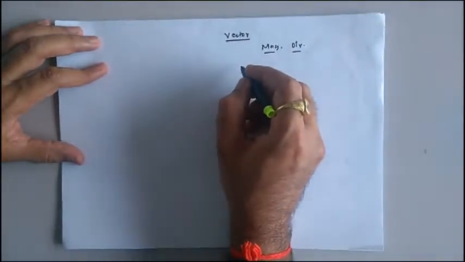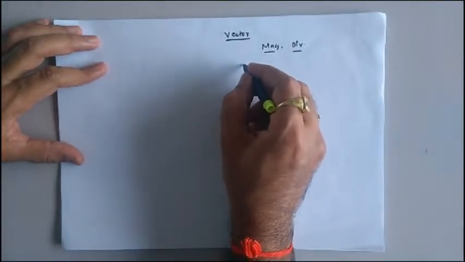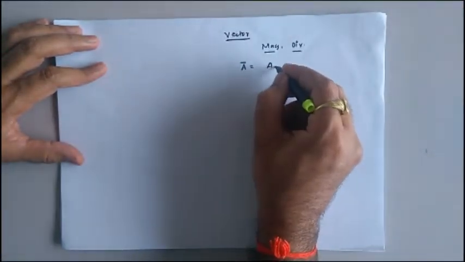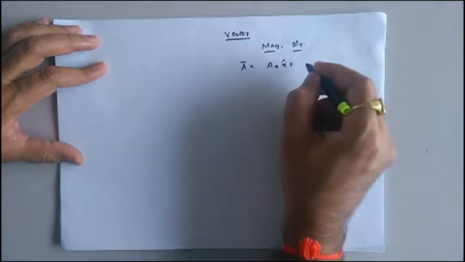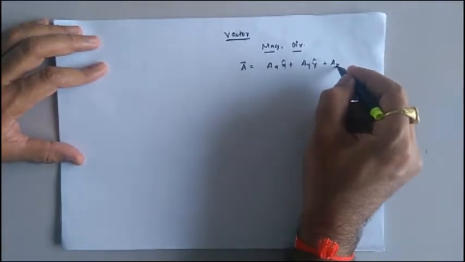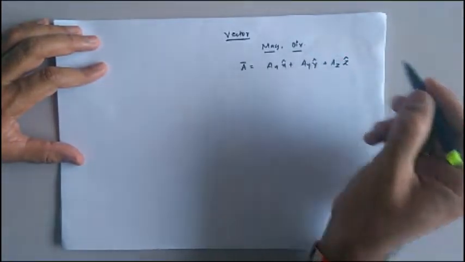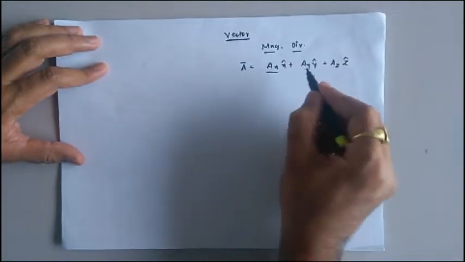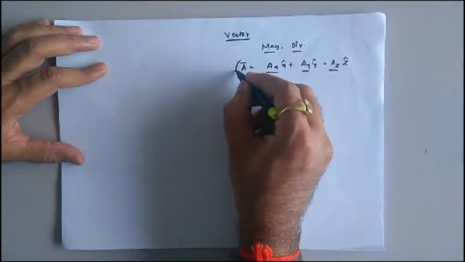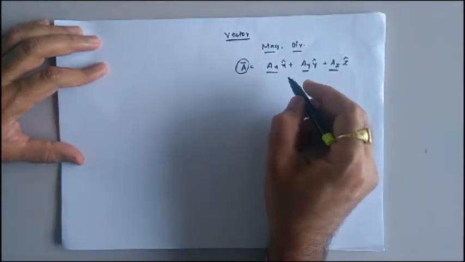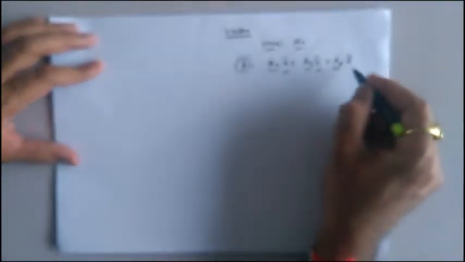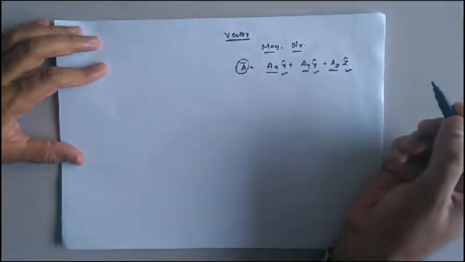Let us consider that in a Cartesian coordinate system we have a vector A bar. It is given by ax into x cap plus ay into y cap plus az into z cap, where ax, ay and az indicate the components of vector A in the direction of the unit vectors along the x-axis, y-axis and z-axis.